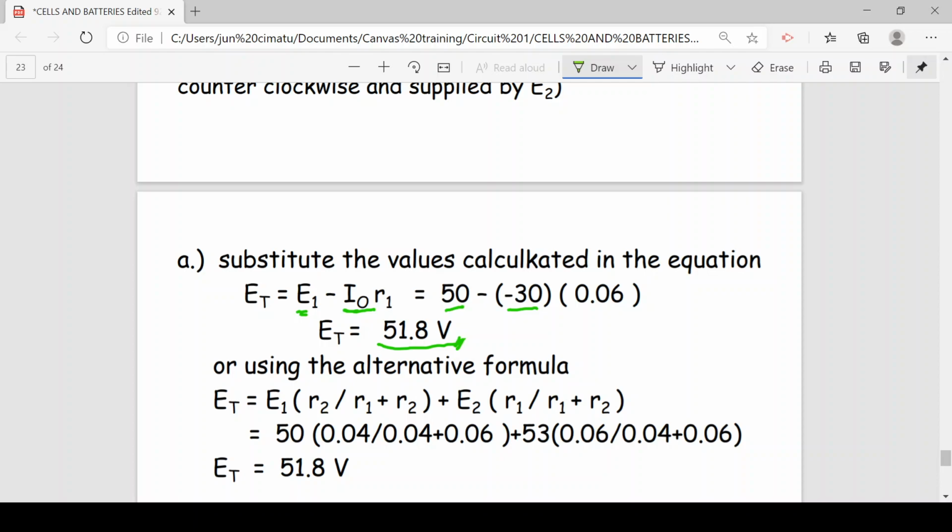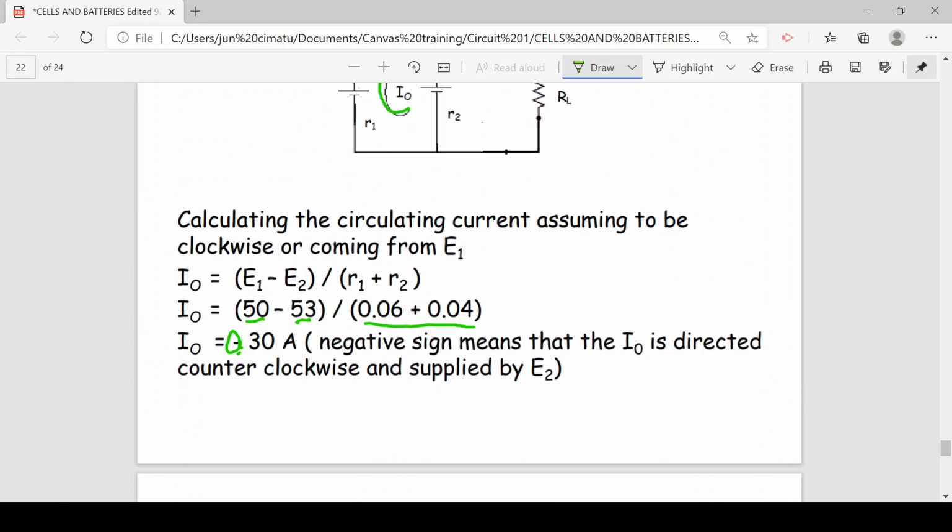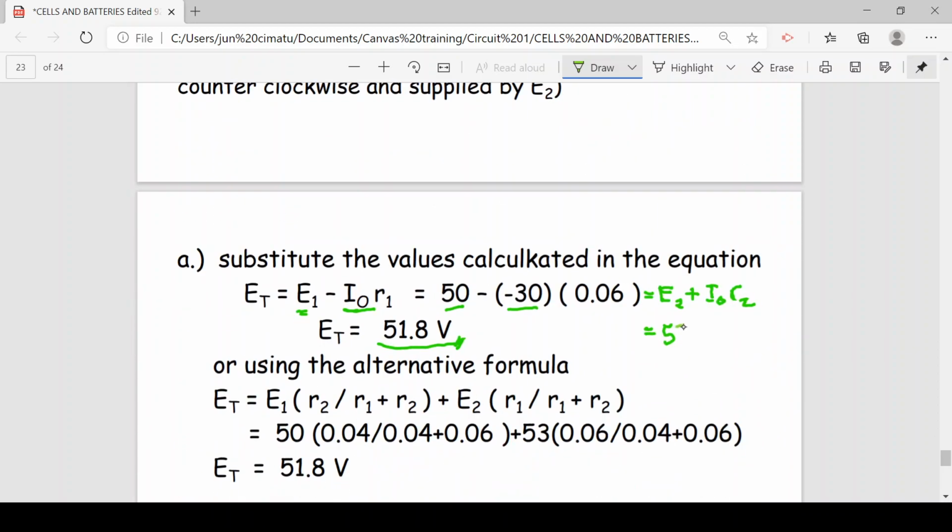The voltage E total may also be determined using the circuit of E sub 2, which is E sub 2 plus the I sub O times R sub 2. So this is 53 plus the negative of 30 times 0.04, and this would result to the same value, 51.8 volts.